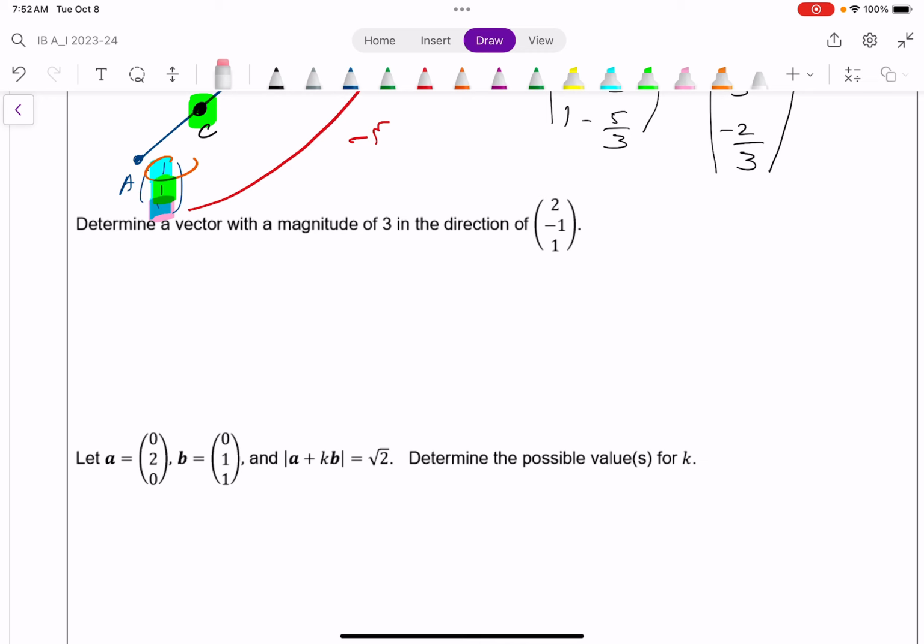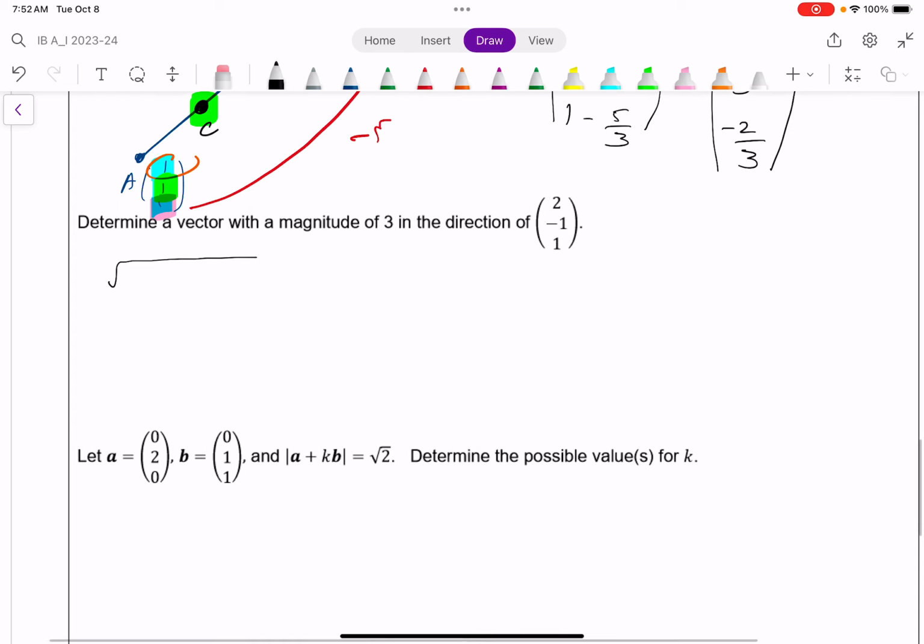I want a vector with a magnitude of 3 in the direction of 2, negative 1, 1. So we have some vector going in this direction in 3-dimensional space, but this vector here surely doesn't have a magnitude of 3. So let's find the magnitude of this. If I want to find the magnitude of that, I use the Pythagorean theorem in 3 dimensions.